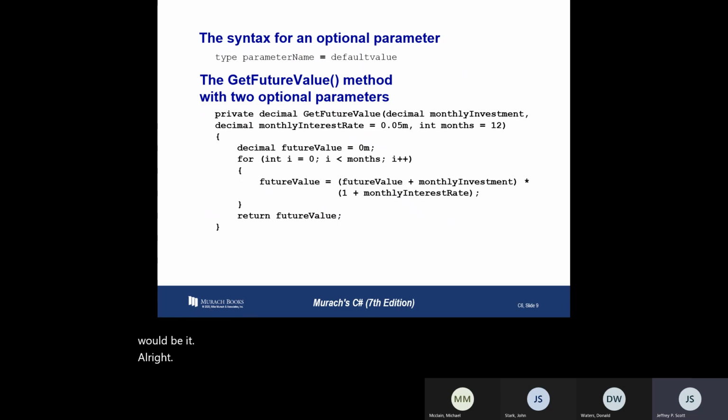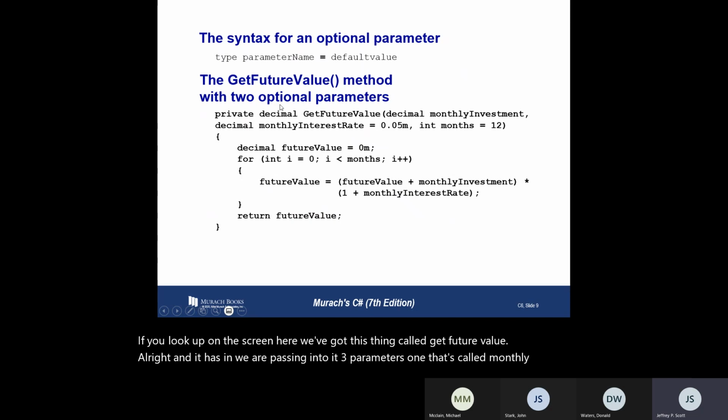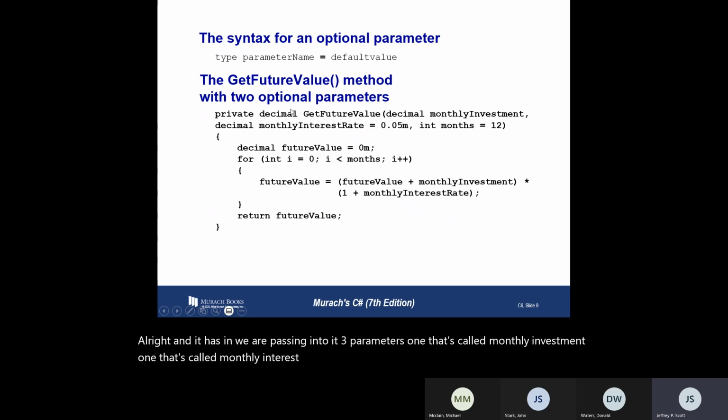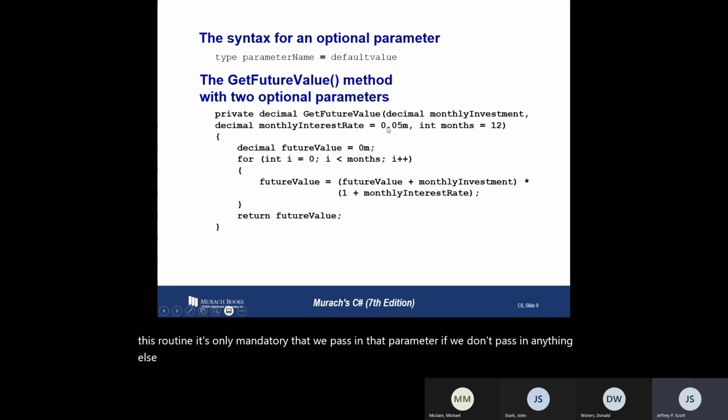The syntax for an optional parameter is a little confusing. If you look up on the screen, we've got this thing called get future value, and we are passing into it three parameters: one called monthly investment, one called monthly interest rate, and one called months. However, when we call this routine, it's only mandatory that we pass in the first parameter. If we don't pass in anything else, monthly interest rate will default to 5, or 5%, and months will default to 12.